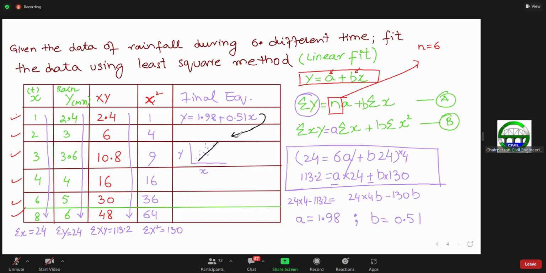This line which is given by y is equals to 1.98 plus 0.51x, right? So this one will be your answer. Okay, I hope this thing is clear to everyone.